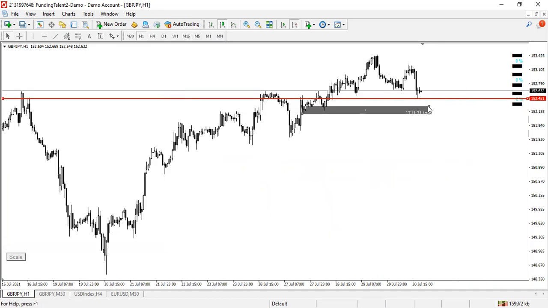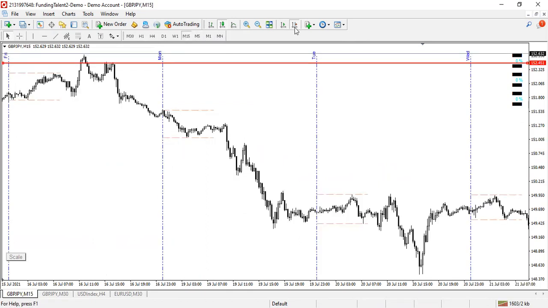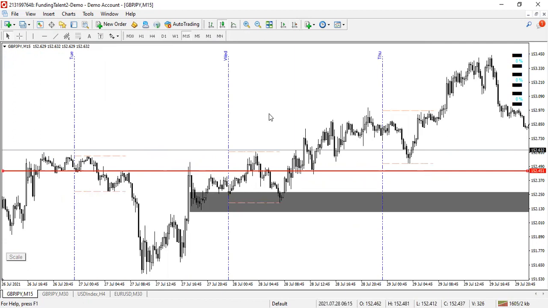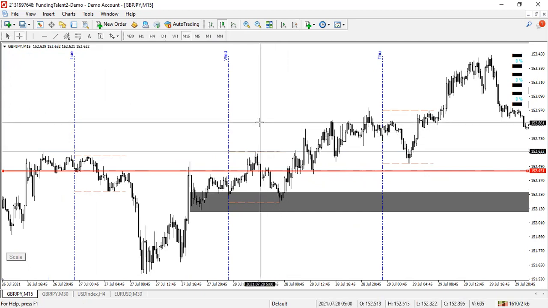Let me make this visible in other time frames. Okay, 15 minutes. Look at this. So by London, I know for sure that we are in a bullish market here.